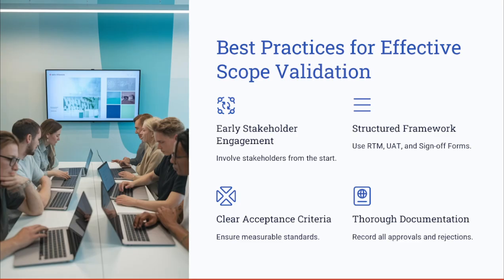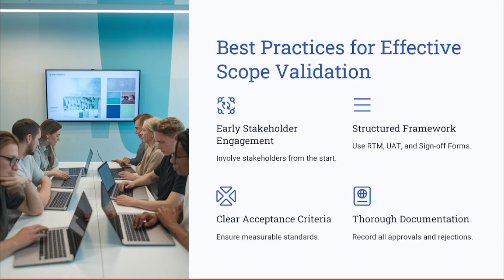So think of engaging the stakeholders early and often. Next, we have to have a structured validation framework, including tools like the requirements traceability matrix, the RTM, and user acceptance testing, or the UAT, and sign-off documents, to ensure that all of the requirements are met before the formal acceptance.